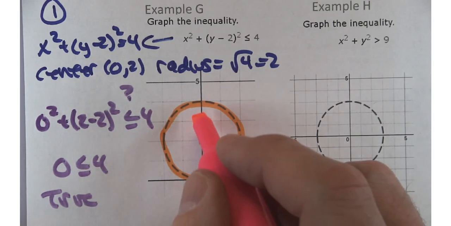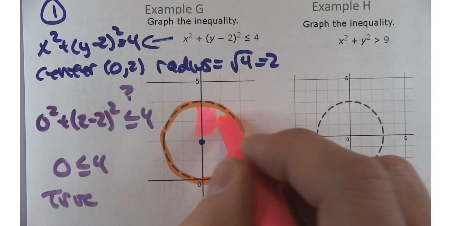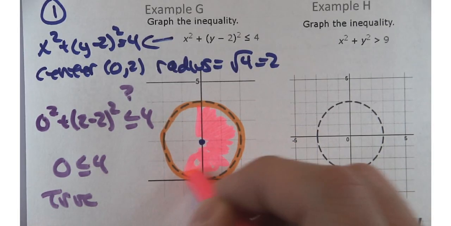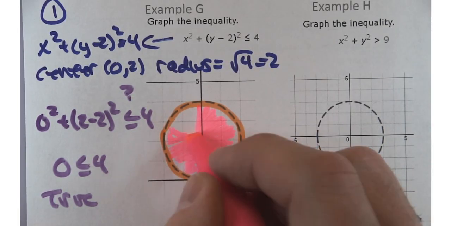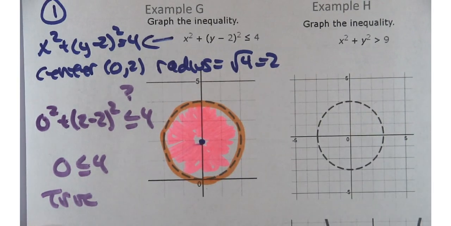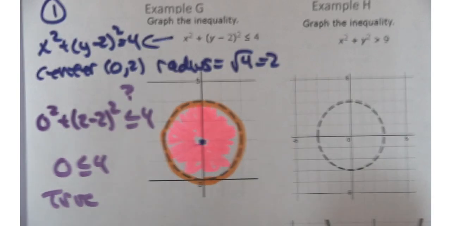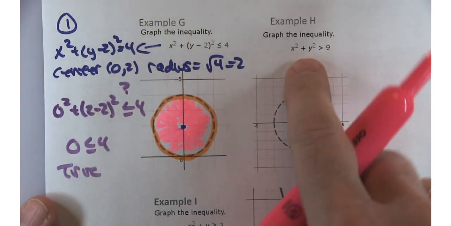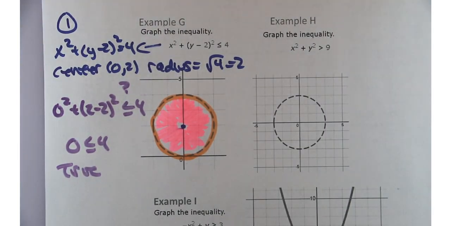Inside. Yeah, well done. So looking good. Nice. Why don't you take a moment and try the other one? Try this one. Again, a circle. This time I was correct in drawing a dashed line. Decide where you're going to shade.